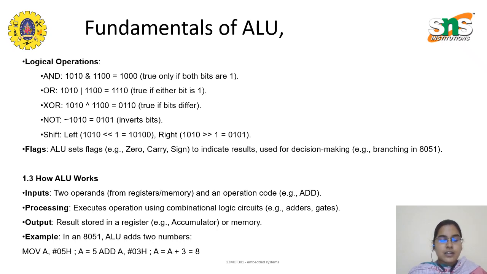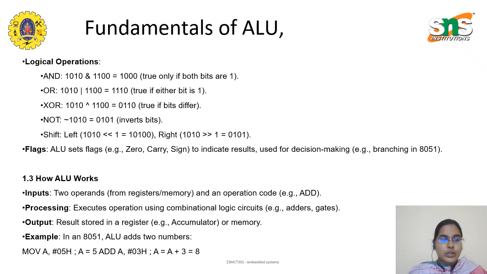In the processing stage, we execute the operation using combinational logic circuits like adders or gates. In the output stage, we get the result and it is stored in a register, either the accumulator or memory.